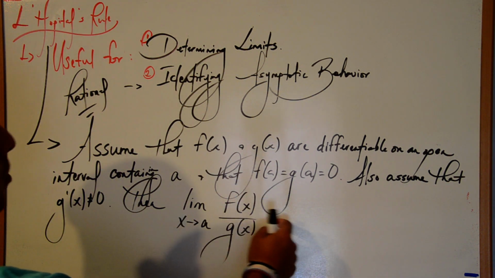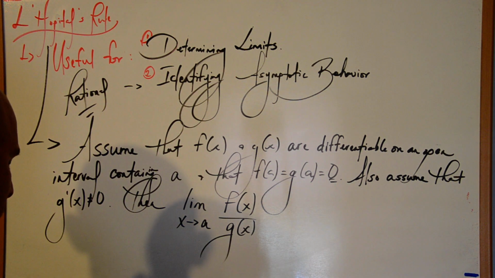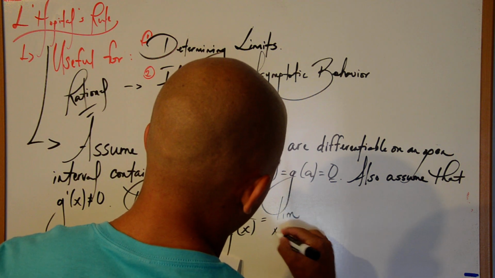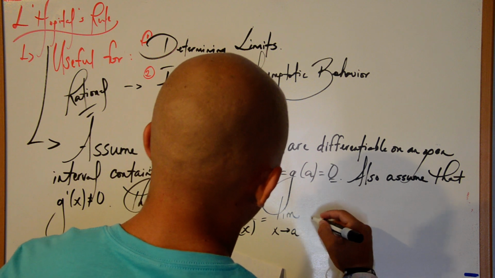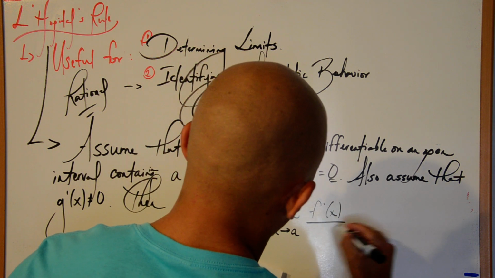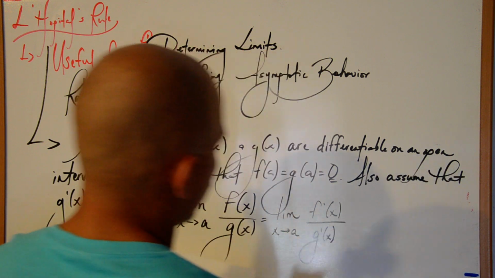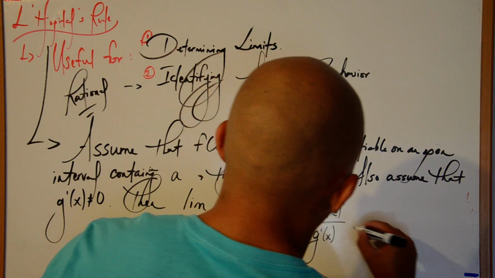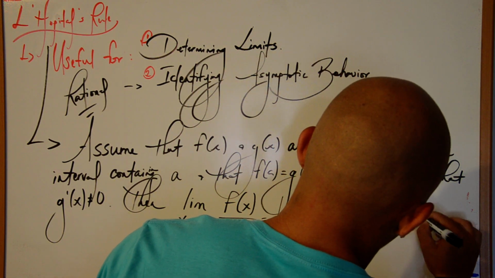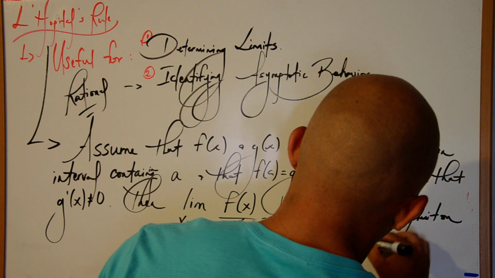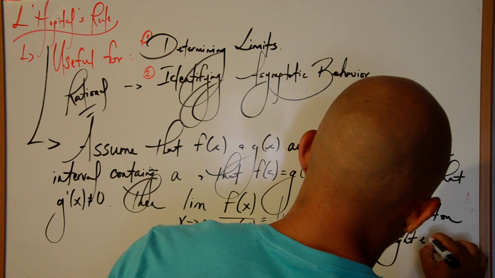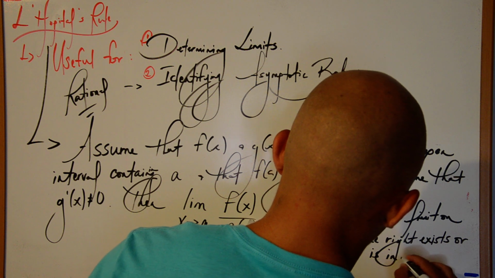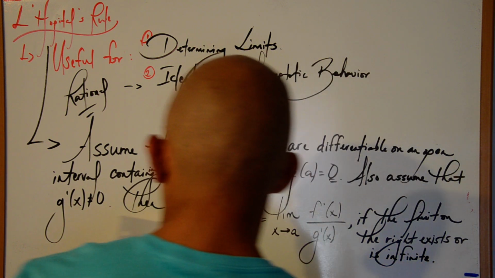Okay, so if we substitute in this value and wind up with this 0 divided by 0 indeterminate form, L'Hopital's rule says that the limit, or the behavior of the rational function, is also equal to the quotient of its derivatives, if the limit on the right exists or is infinite.